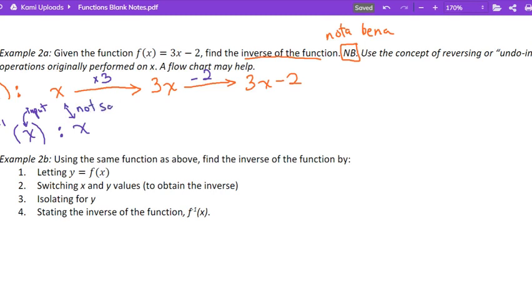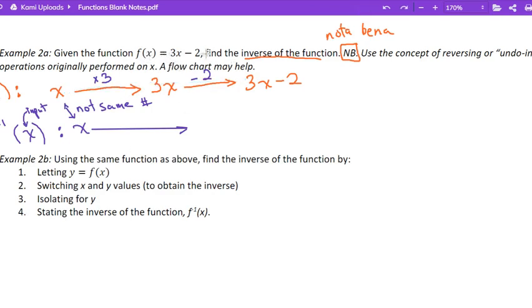It just means that's what you're throwing into the function machine. If I put a value, which we represent as x, into the inverse function, it means I have to reverse this function. So what will be the first step?